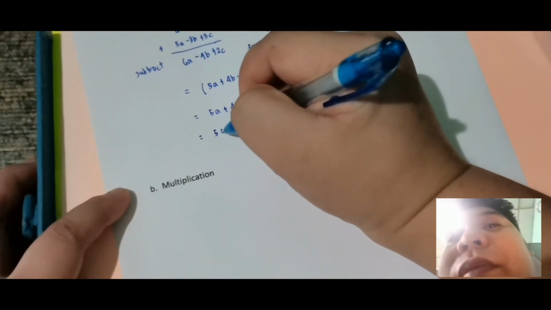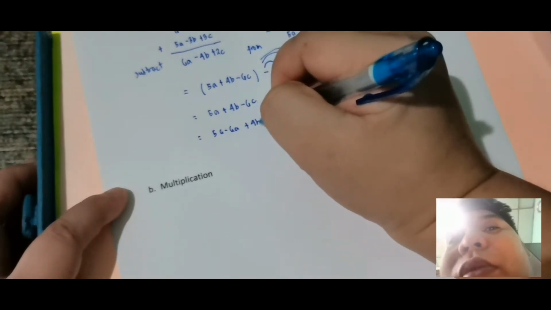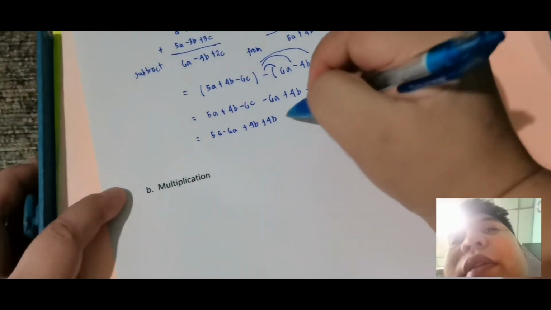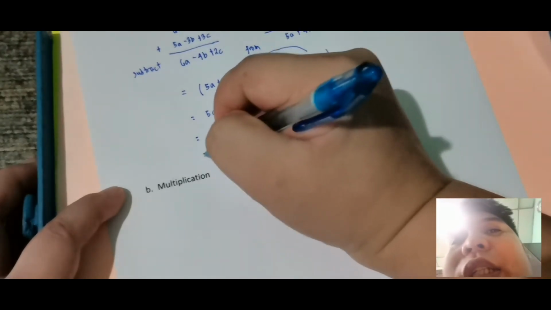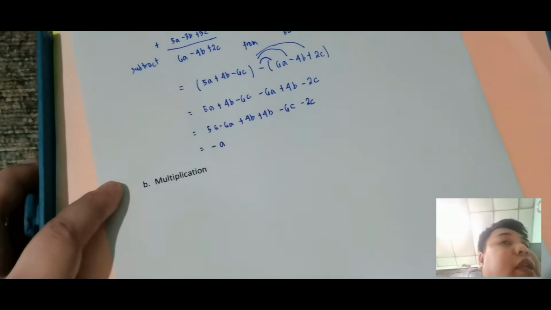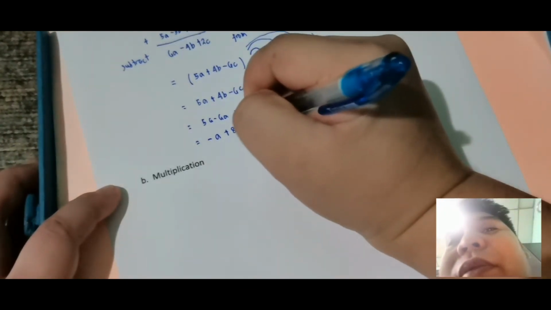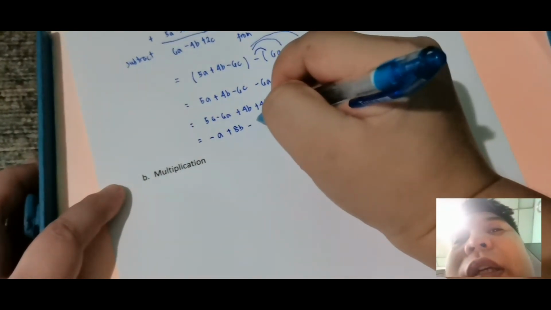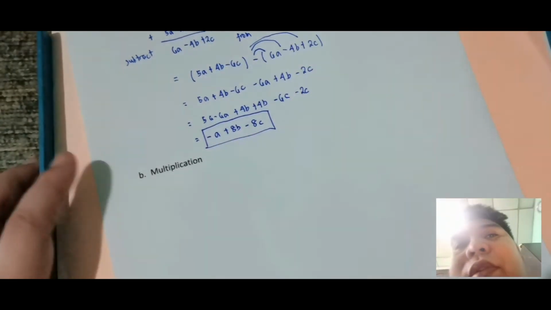So 5a minus 6a, then plus 4b plus 4b, then minus 6c minus 2c, and that is equal sa 5a minus 6a, that is negative a or negative 1. Then 4b plus 4b, that is 8b. Negative 6c minus 2c is negative 8c. So therefore, ito yung kanyang sagot.